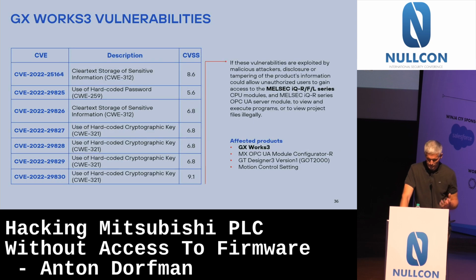We also got 7 bugs in this software, GX Works3. They can affect different PLCs in different series, and not only GX Works3 can be affected by them, but other tools. We can see that they have some hard-coded crypto keys or hard-coded passwords. It means that they are all about security functions.